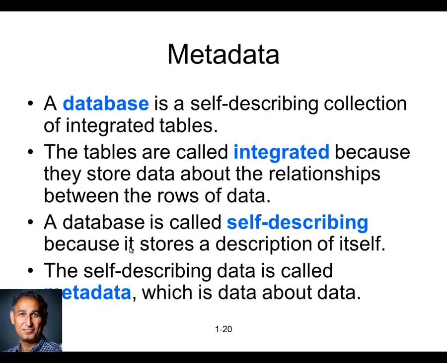A database is a self-describing collection of integrated tables. We said that we have either one table or more than one table, a few tables that are related to each other, or hundreds of tables that are related to each other in what's called a relational database. If you look at those integrated data tables, you can see that the information between the data is related, and you can actually get information from one table that supports the information of another table.